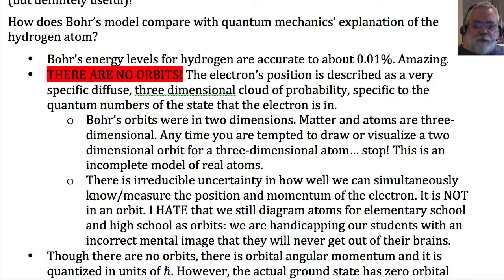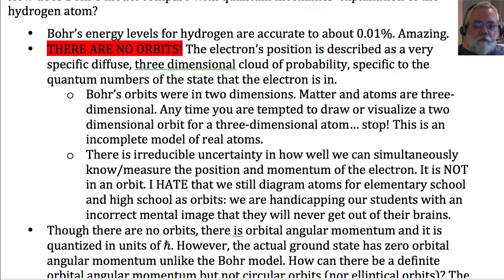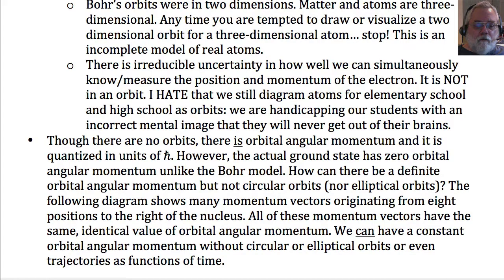We're handicapping those students with an incorrect mental image that they will never get out of their brains. Though there are no orbits, there is orbital angular momentum, and it is quantized in units of h bar. However, the actual ground state has 0 orbital angular momentum, unlike the Bohr model.